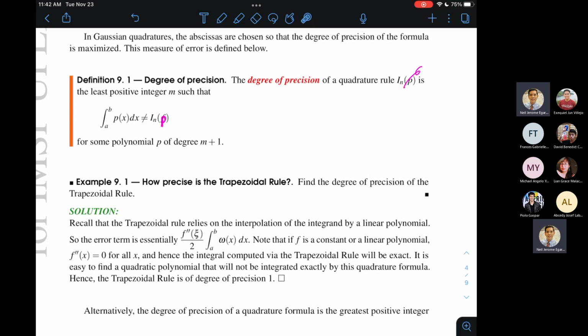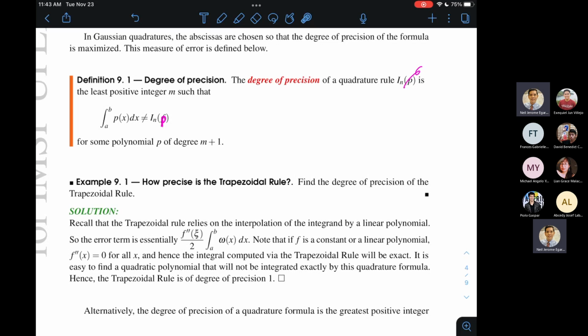So that is what it means to have degree of precision 3. It can integrate exactly the integrals of all polynomials of degree less than or equal to 3, but it fails on a polynomial of degree 4. Okay? So I hope that's clear. It seems I confused you a bit in that explanation, but I hope the definition makes sense to you.